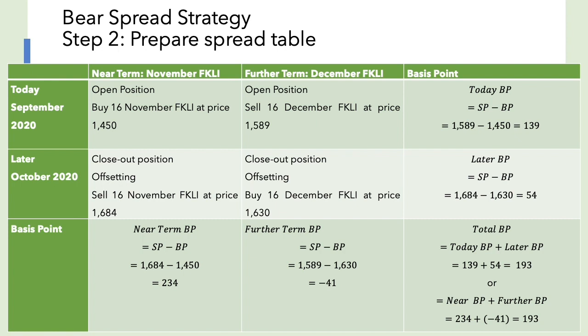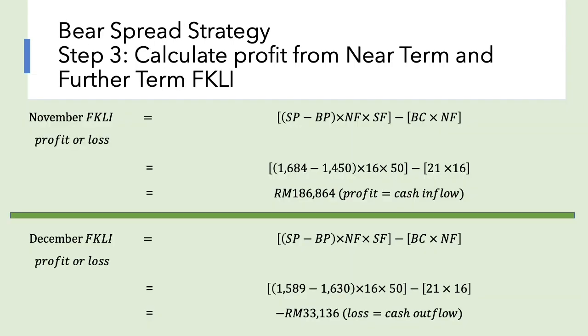So you sum up, you get 193. If you calculate based on the futures contract, for November FKLI, selling price 1684 minus 1450, you get 234. For the December contract, you sell at 1589 minus 1630, so you get negative 41. You sum up, you also get 193.